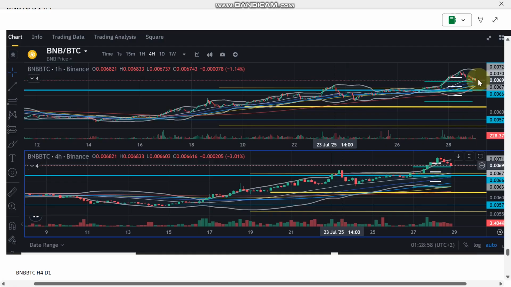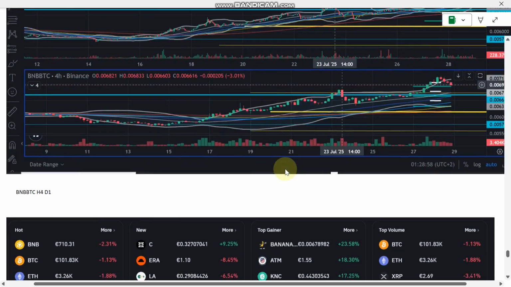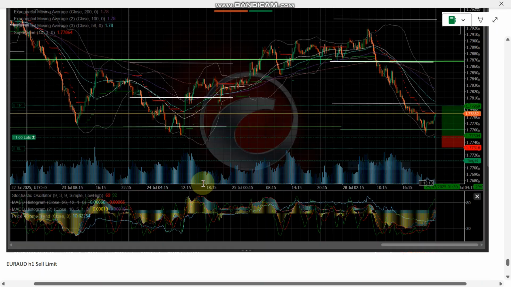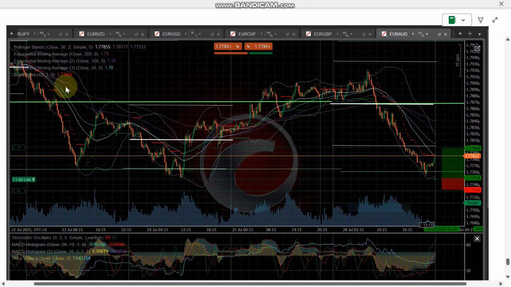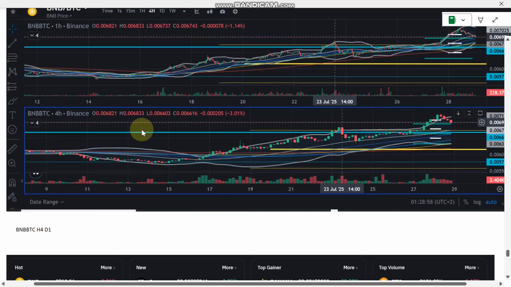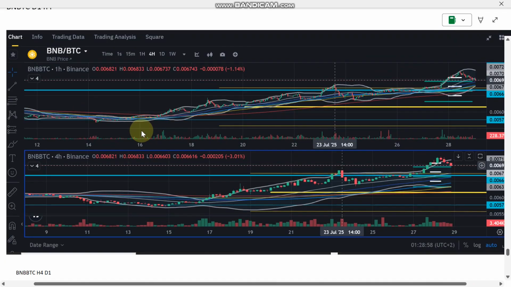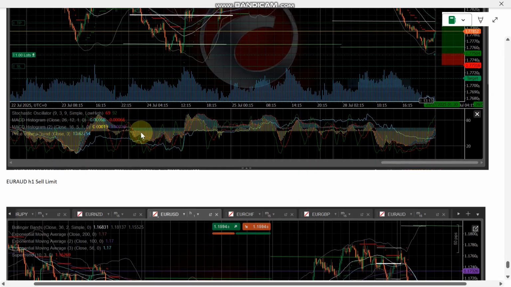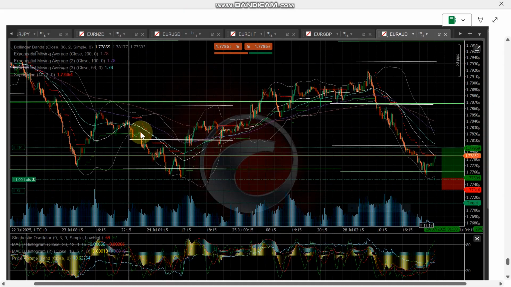So this is 4 hours, this is 1 hour. They drop back, they're going up. This is the market price. Okay, I'm coming back to this. Just a quick check on those BNB. How does it look on the time frame? I'm looking to place some orders on the BNB and BTC, stocking them up.